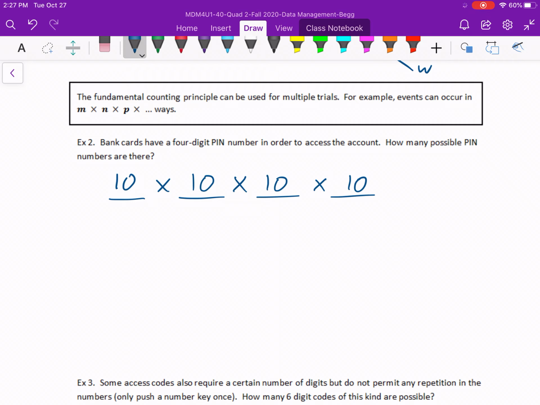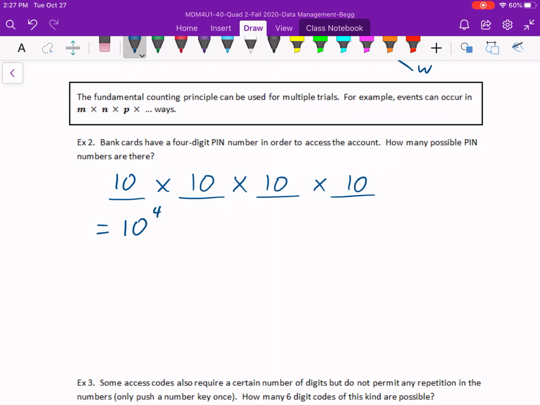So your standard 4-digit PIN actually has 10,000 possible combinations, well, permutations, let's say. But you'll notice that 10 times 10 times 10 times 10 could be rewritten as 10 to the exponent 4.